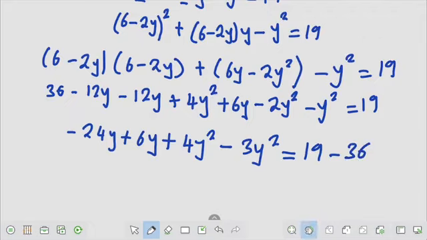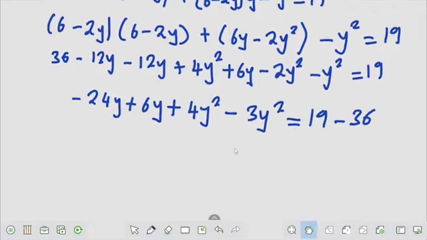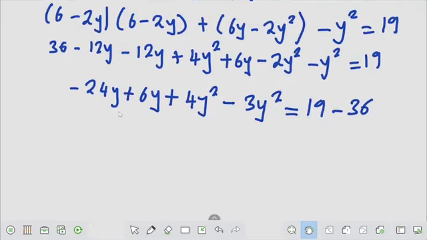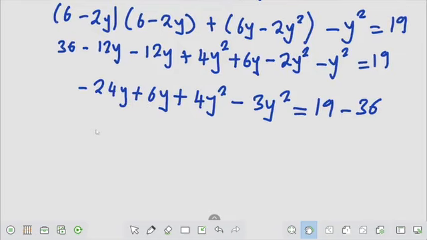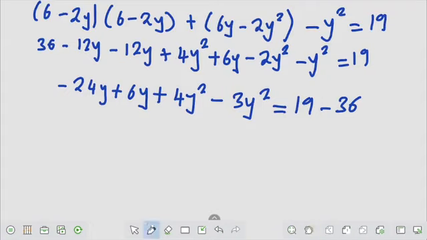From there now, what are we going to do? Here, we have negative 24y plus 6y. This will give us negative 18y.